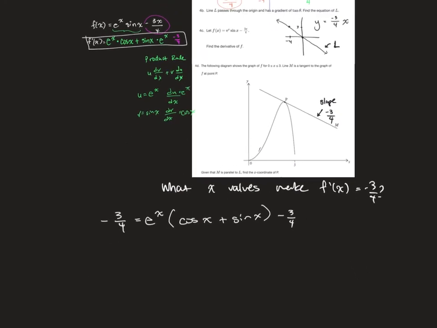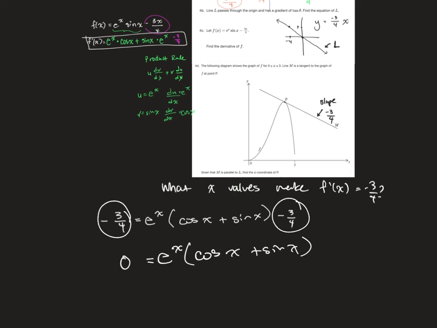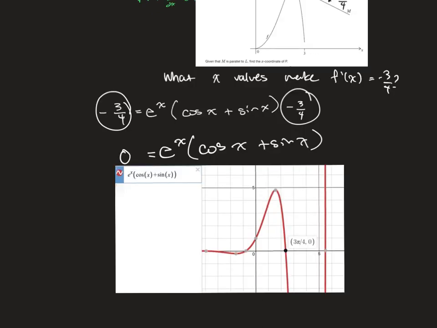Those simplify, and we get 0 is equal to e to the x times cosine of x plus sine of x, and we're just looking for when this is true. Here's a pretty nice way to solve it. Just graph it, and then you can look at the result and find where it equals 0. It ends up being 3 pi over 4.